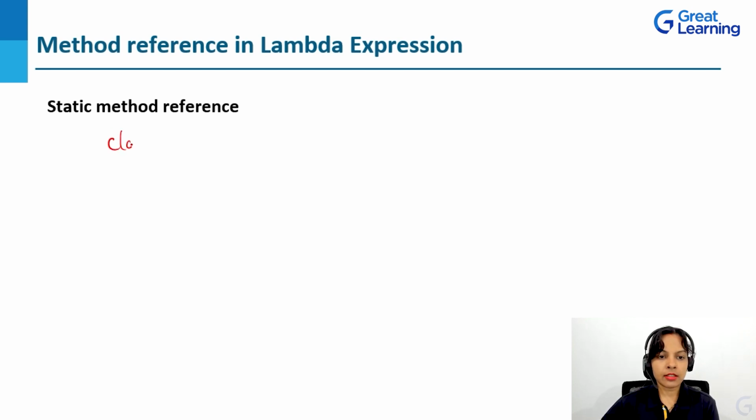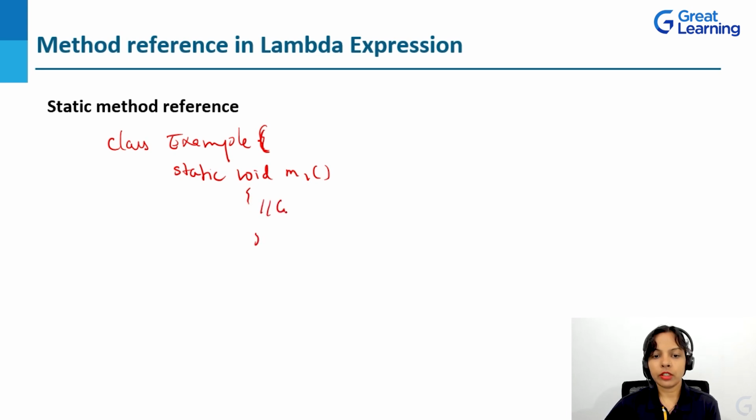Suppose inside any class, suppose Example is the name of the class. Inside this class Example, suppose I have a method defined as a static method, static void m1. Now this method has certain code here, the implementation code.